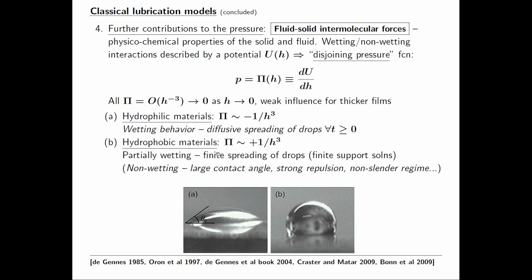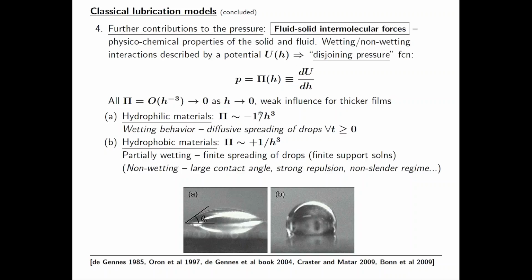And so the way to capture this difference between material properties most simply is by adding what's called a disjoining pressure, or an intermolecular potential: do molecules of the fluid want to attract each other preferentially, or attract to the surface preferentially. So this is given in terms of a potential energy function U of H, and the gradient of that with respect to height gives us what's called a disjoining pressure term.